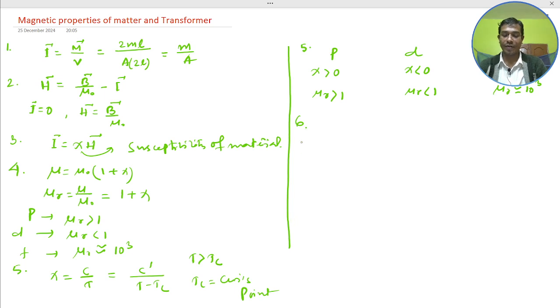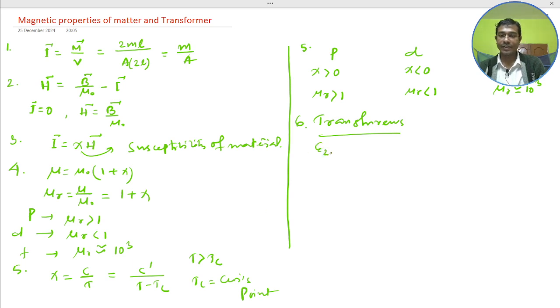Last one is transformers. This is important for your NEET exam. One question comes from these topics. N1 is the number of turns of the primary coil, N2 the secondary coil, epsilon 1 is the EMF of the primary coil and epsilon 2 the EMF of the secondary coil. I am not drawing the figure here, you just think.